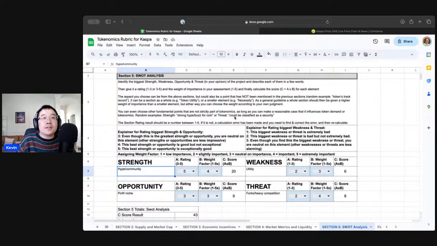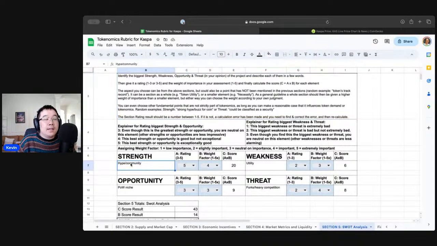It could be other parts of fundamental analysis, as long as you can make a reasonable case that it influences token demand or tokenomics. So for the strength, I put hype / community because the hype and community are super strong. The rating is a 5, which is best, strength or opportunity is exceptionally good. The weight factor, I'm giving it a 4.